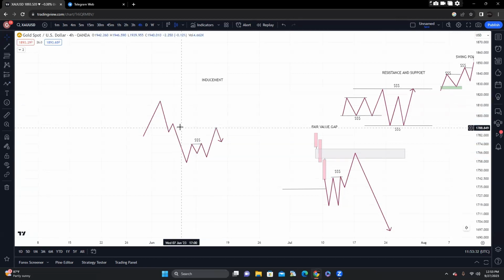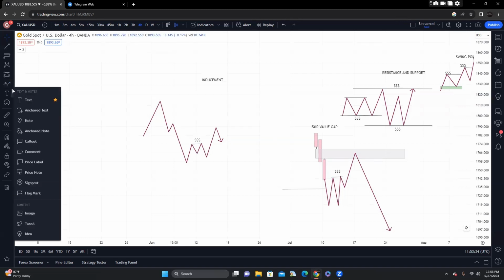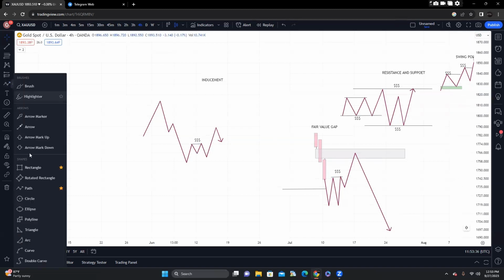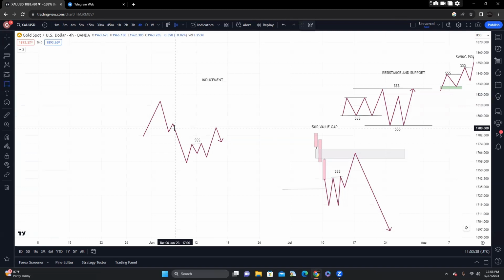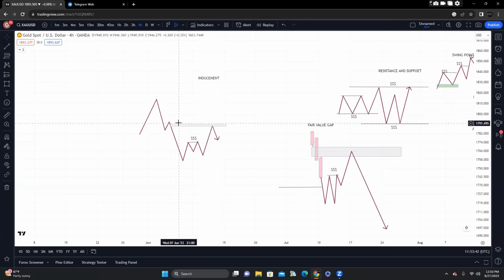We'll look for a kind of supply zone here, right? So this becomes an inducement because this is a false supply zone, whereas there's a major supply zone resting here.